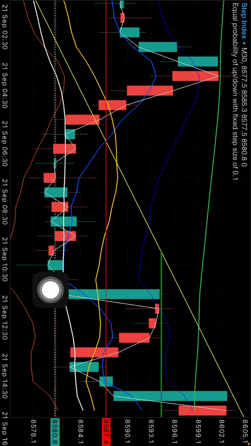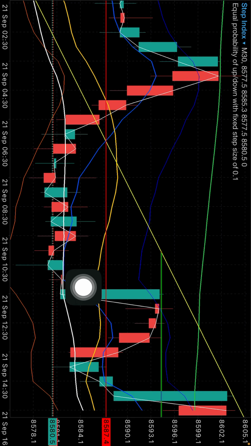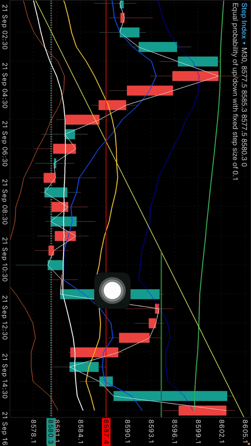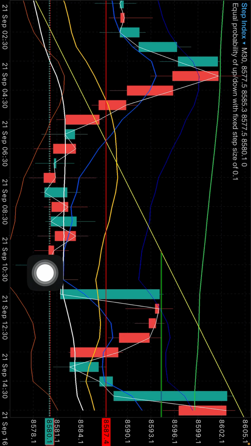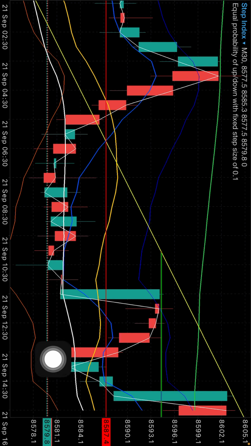Looking at this big, massive green candle, it shows that buyers are really, really in control right now. So the market rose and tested back this support level, which is right here. This is a recent support level. The market tested back this recent support level and broke out.